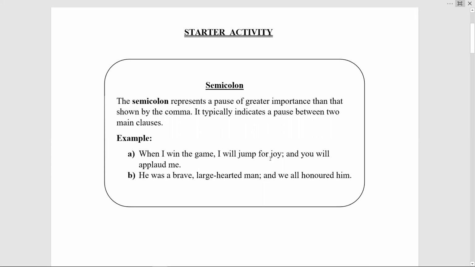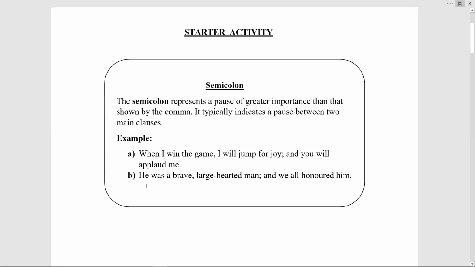I'll jump for joy is a subordinate clause, which depends upon the previous clause for its meaning. Its meaning cannot be understood without the main clause. The next clause, and you will applaud me, is another main clause. So there are two main clauses, and between them a semicolon has been put by the writer.